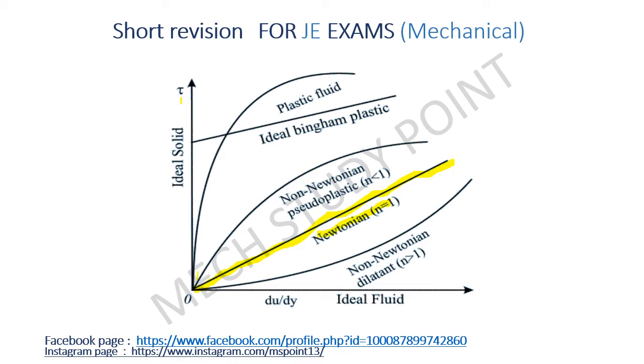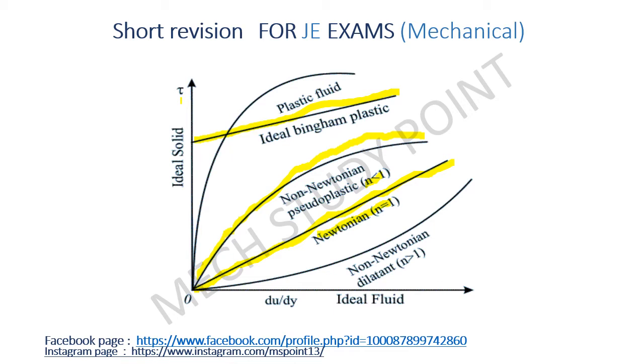For the non-Newtonian fluid, it is a parabolic diagram which does not follow Newton's law of viscosity, where n is less than 1. Next is the ideal plastic fluid. It is a straight line, but it intersects the ideal solid.